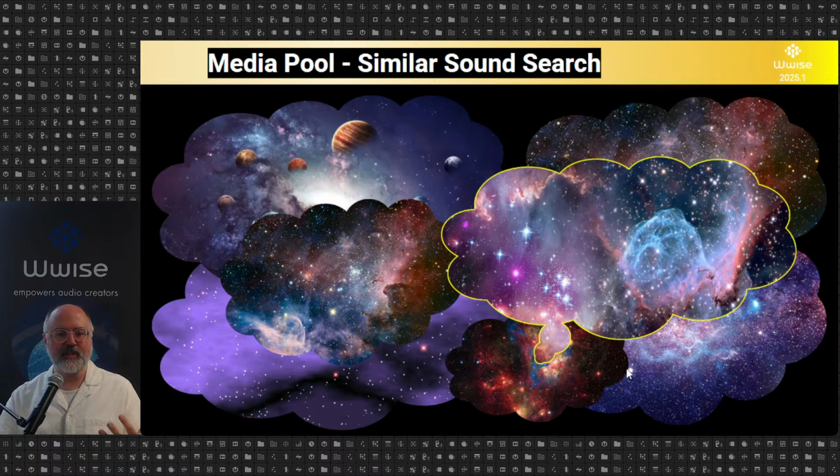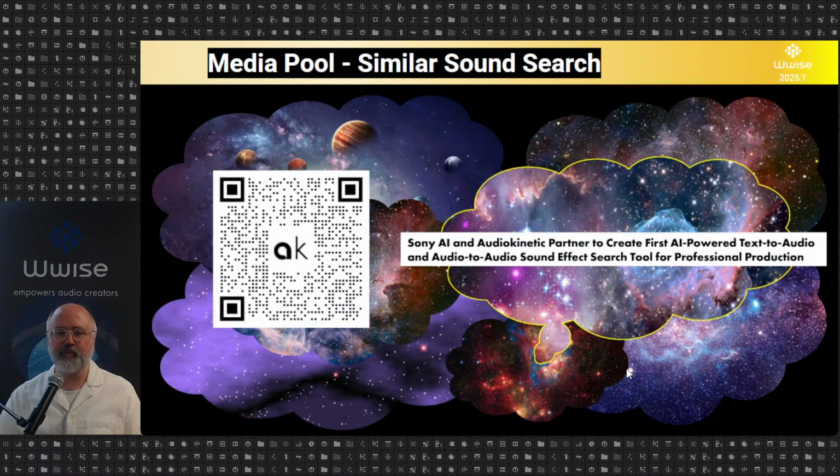And so similar sound search really gives you that ability to reach into those corners that might not be tagged and find things that are either on target with your description or maybe surprising that wouldn't come up in traditional search. And this was part of our partnership with Sony AI to create the first AI-powered text-to-audio and audio-to-audio sound effects search tool for professional production.